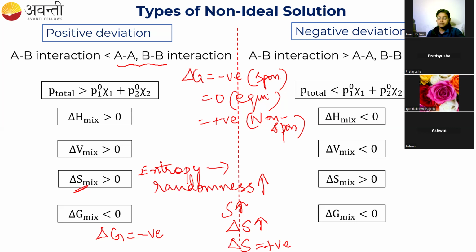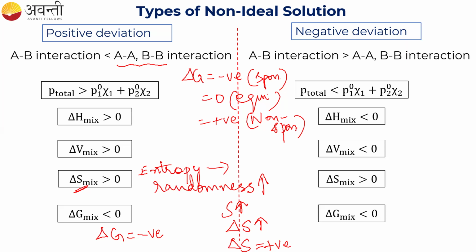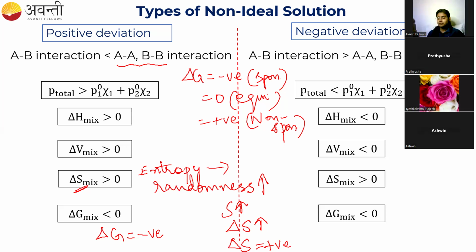Friends, can you hear my voice? Ashwin, Jyoti, Lakshmi, Pratyusha, are you able to see me?